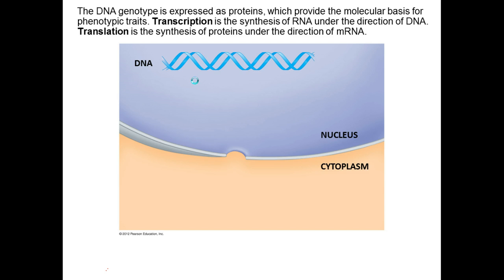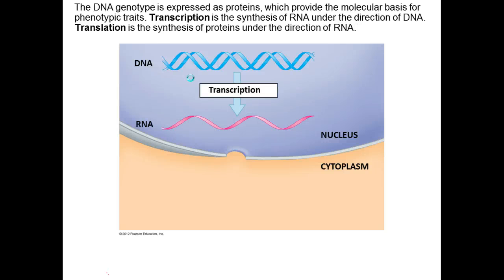So the DNA, remember, is always in the nucleus. I always compare this to my grandmother's recipe book. My grandmother's recipe book never leaves her kitchen. But if I want a recipe, I have to take a piece of paper and write down the recipe, and that recipe that I write down is my mRNA, or I'm transcribing.